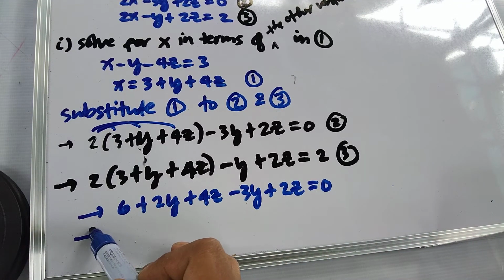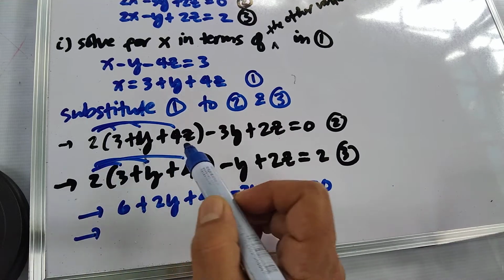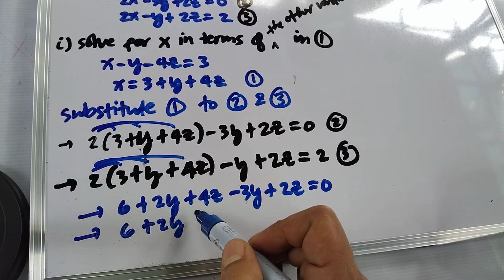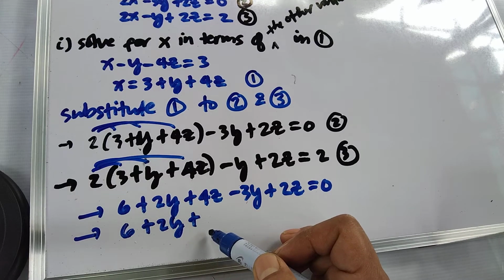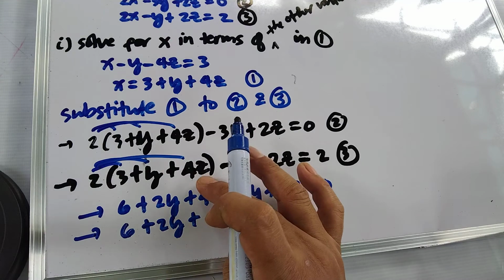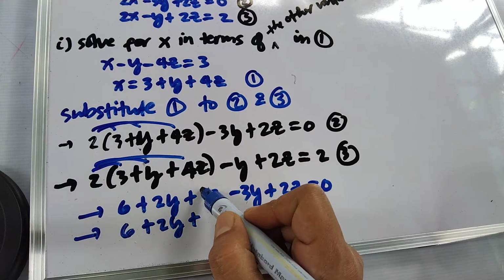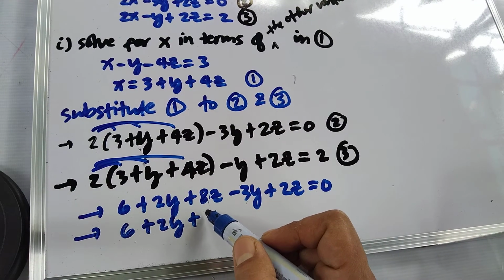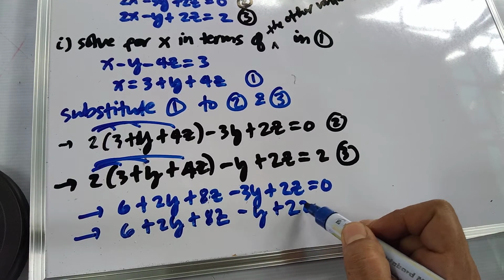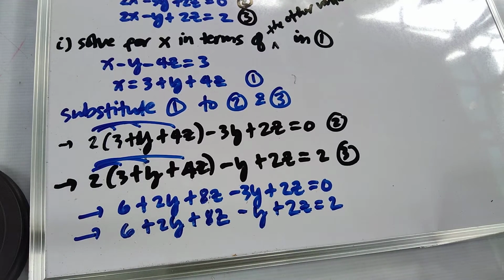For the next one, 6 plus 2y plus 8z minus y plus 2z is equal to 2.